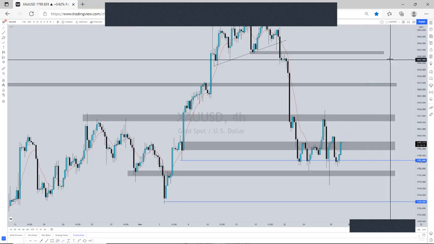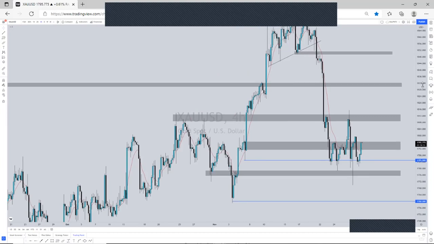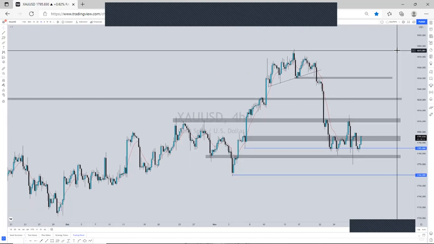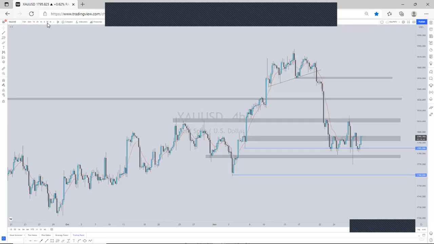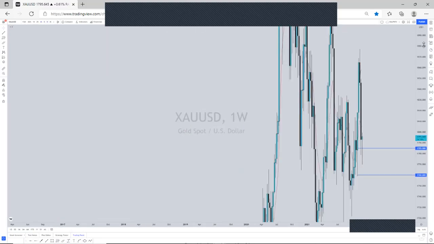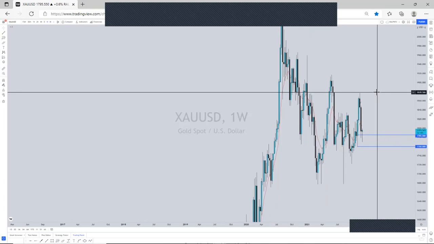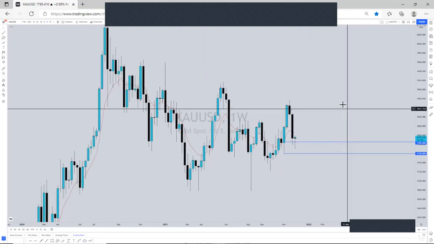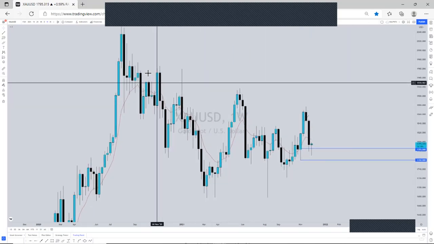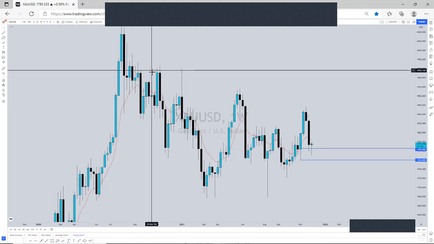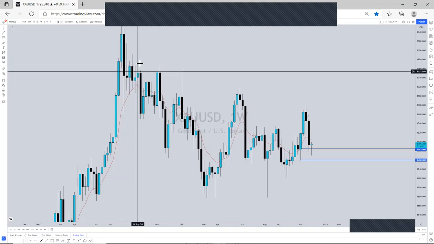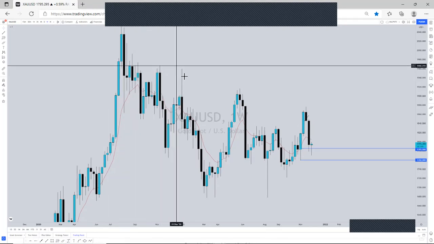Let's look at the weekly to give an idea of the long-term outlook I have personally on gold. The long-term outlook I have personally on gold is to see gold come all the way up to 1950, where we have all these highs and all these price action wicks popping into that level.